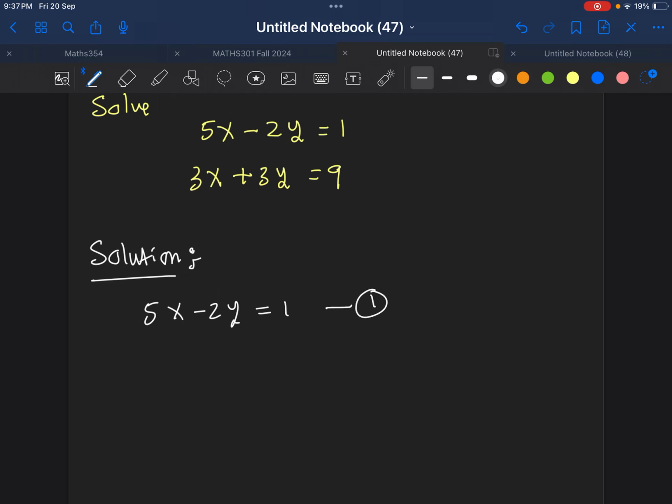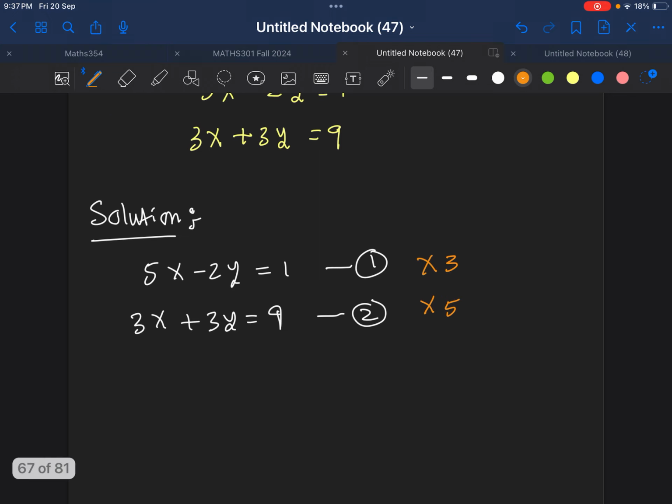This is equation number 1, and then 3x plus 3y equal to 9. This is equation number 2. So what I will do is multiply equation number 1 by 3 and equation number 2 by 5. And when I say multiply equation number 1 by 3, it means multiply everything by 3.